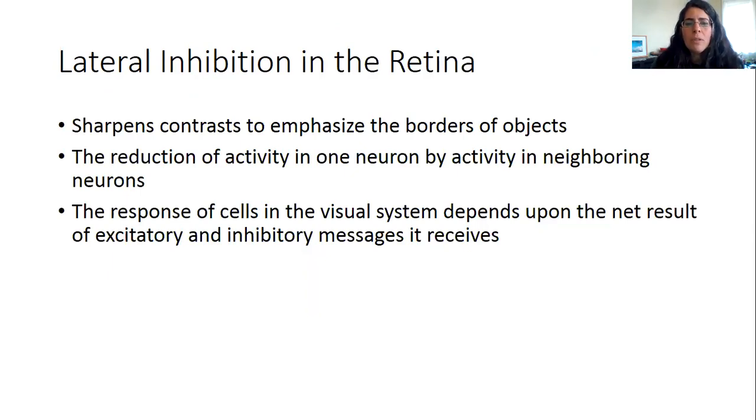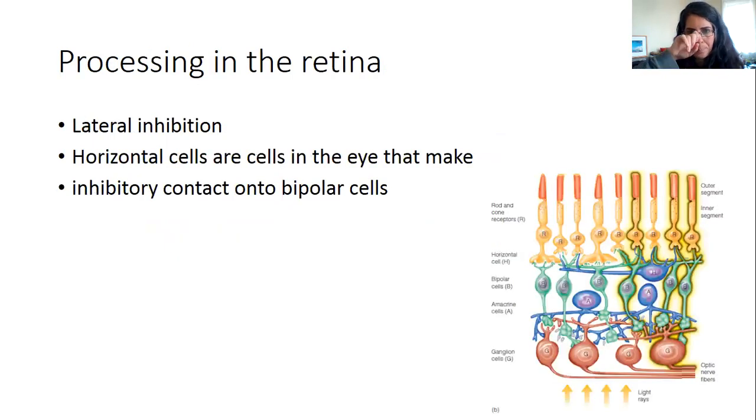Now, the responses of the cells in the visual system depend upon a net result of excitatory information and inhibitory information. So again, lateral inhibition, or this sharpening, the sending of inhibitory messages to neighboring cells is going to sharpen the contrast at the boundaries or borders of objects. And this happens at the level of the horizontal and bipolar cells.